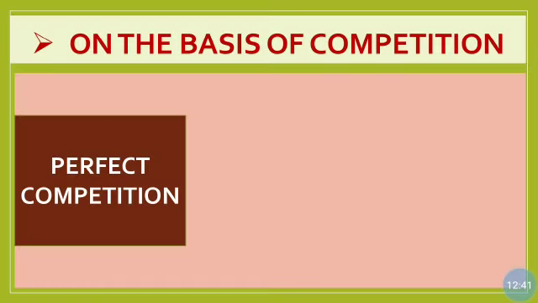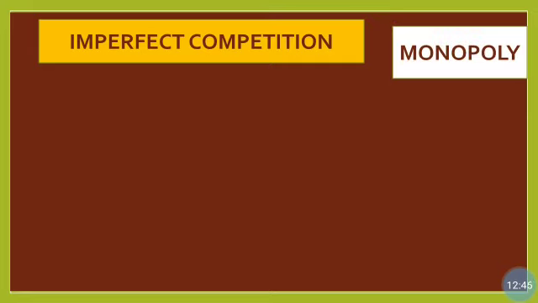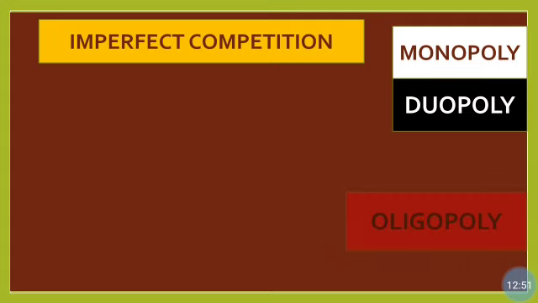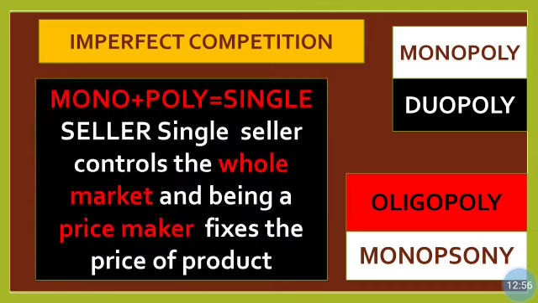Now let's see imperfect competition. There are 4 classifications of imperfect competition, which are monopoly, duopoly, oligopoly and monopsony. Let's see what is monopoly. The word monopoly is a combination of 2 words, mono plus poly, which means single seller. So here single seller controls the whole market. In such market, no competitors are there, no close substitutes are available.